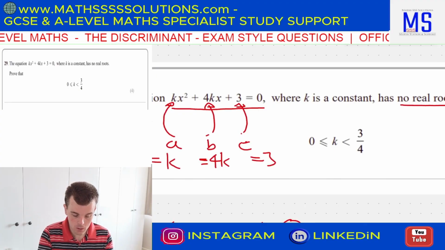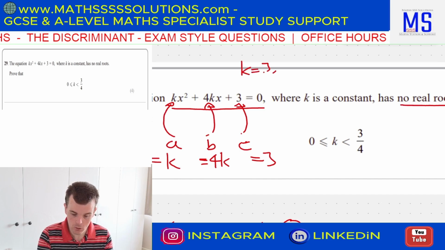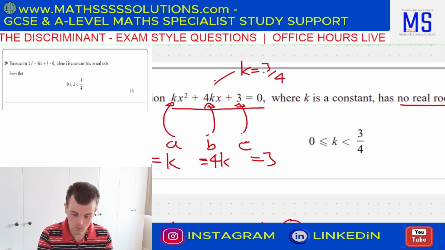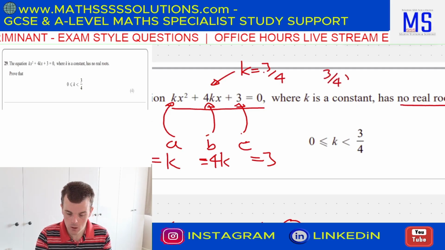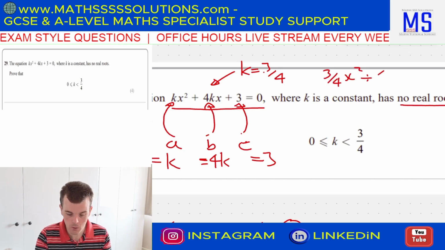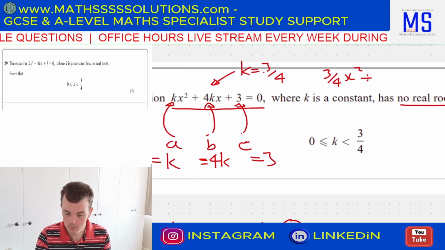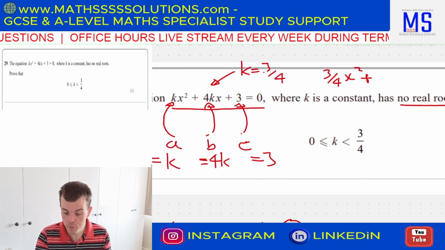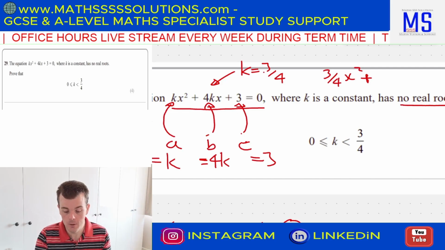If you subbed in, let's say k equals 3/4 into this, the quadratic would be 3/4 x squared plus 4 times 3/4 x, mental arithmetic, 4 times 3/4 is indeed 3.